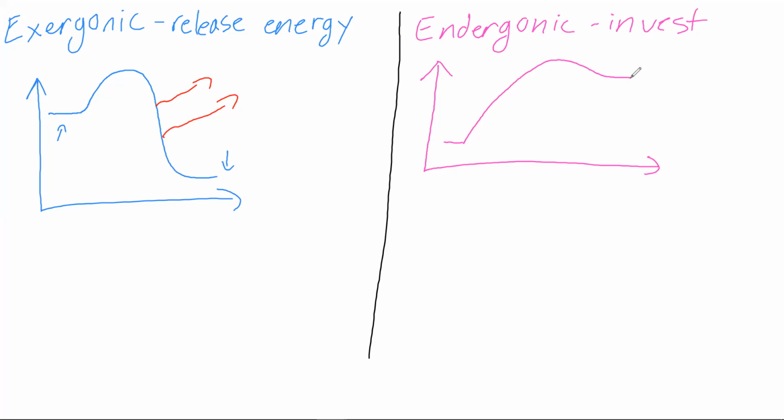You will always see that curve, it'll go slightly higher than your products and then curve back down. Which means at some point energy needed to be invested in order for you to gain energy in your products. Does that make sense?